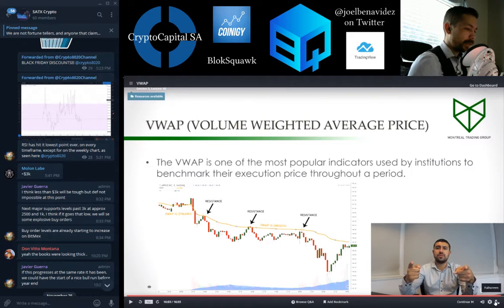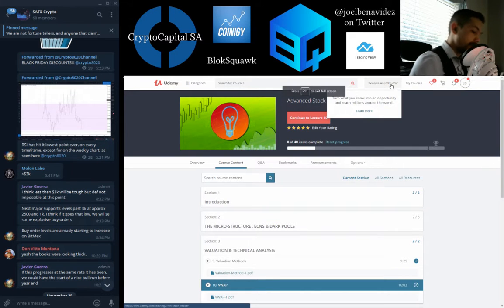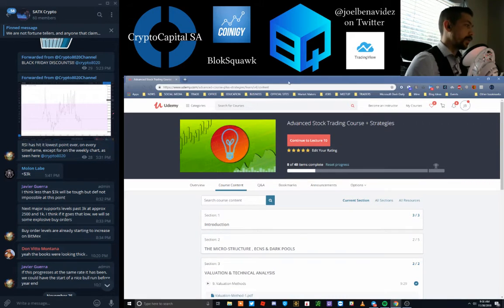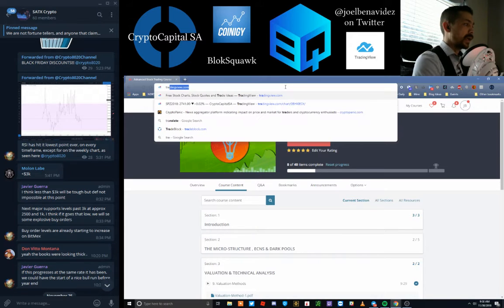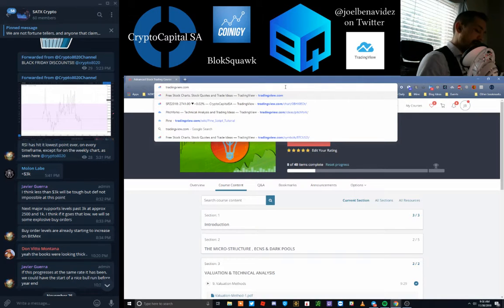And now that we saw that and it's fresh in our head, I thought it might be a good idea to head on over to TradingView, because for some reason Coinigy has the volume weighted moving average, but it does not have the volume weighted average price. And I'm not sure exactly how they're different. I know they're similar. They've been called the same thing in different circles.